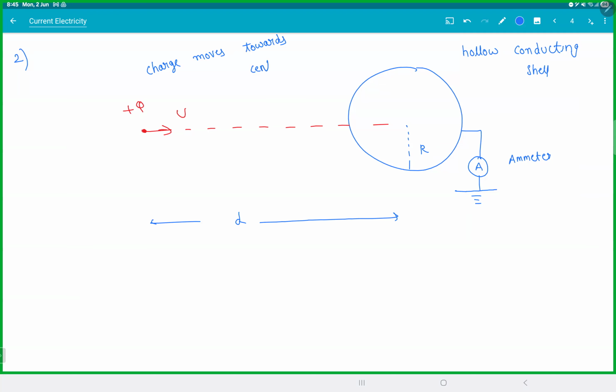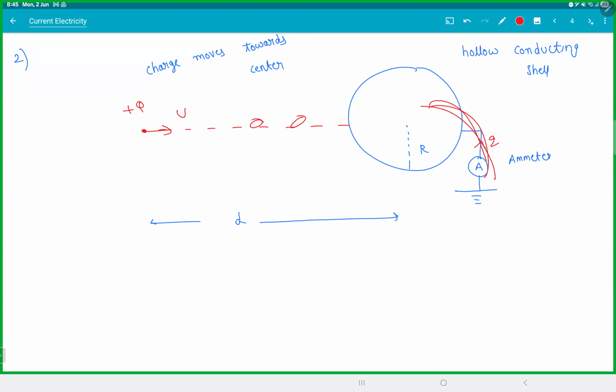Now see, whenever you ground something, what happens? The potential becomes zero. Due to whom? When you say potential of a shell is zero, due to which charges? Due to everyone present in the space, isn't it? That means now when this charge is coming, to make the potential zero, some charge will come from the earth. So as it is getting closer and closer, more and more charge will flow.